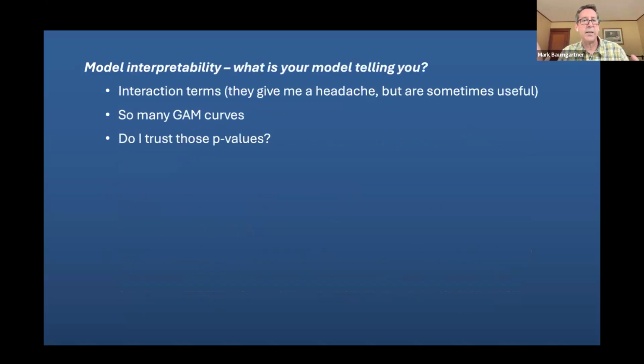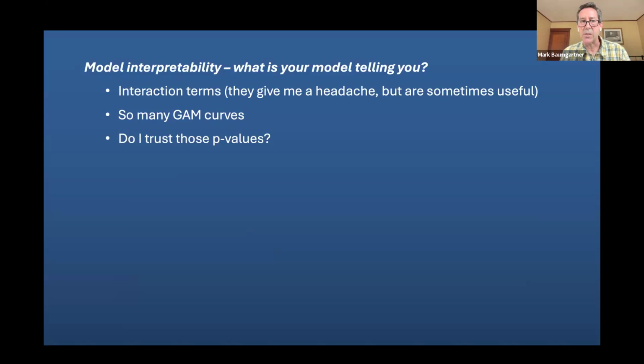The final thing I think is, as you're formulating your model, think about how you're going to interpret this model, even before you get any results. A lot of people like to throw interaction terms in because they don't know if this is a linear relationship or something else.